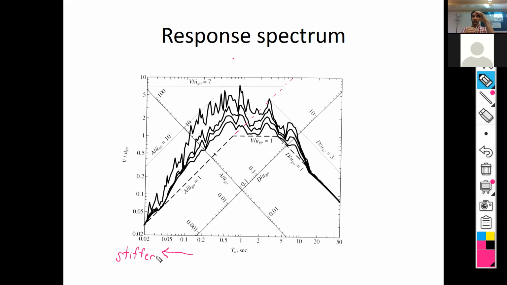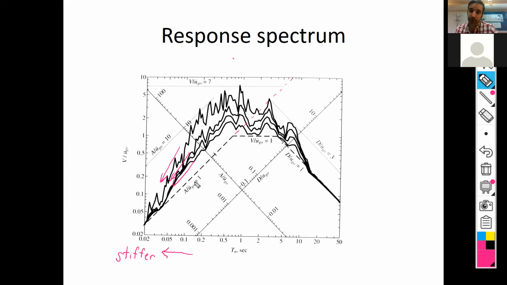So the mass of the structure is going to move together with the ground, okay? And that's what we see here. All these curves tend to go towards this line, which is the line of the acceleration of the ground.